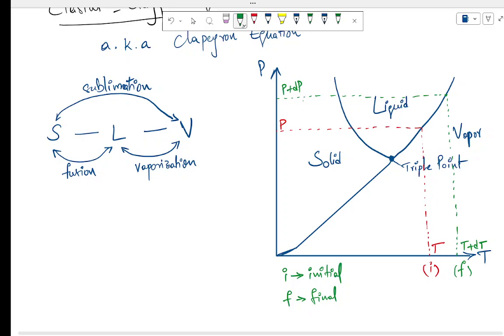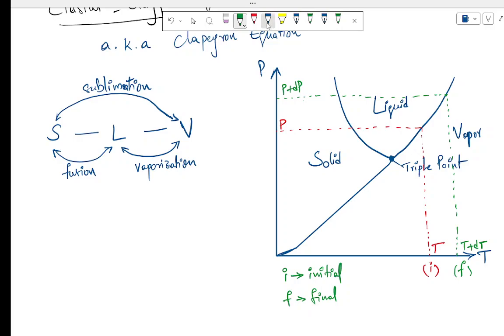I'm taking a sample process in the liquid vapor phase change. If we do it for liquid vapor phase change, we can also do it for the solid liquid and solid vapor also. So let us derive it for liquid vapor phase change here. So what I will do is I will take the concept of Gibbs function here.